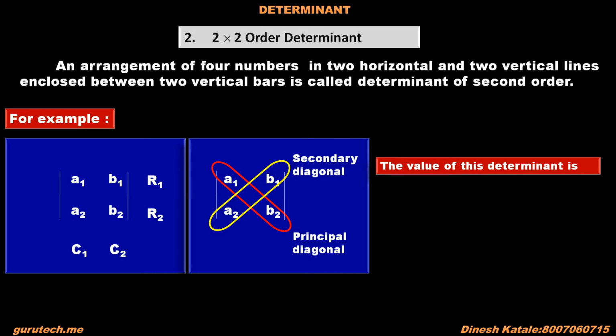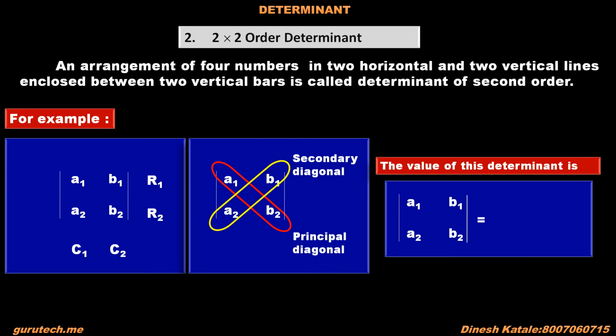Now we have to learn how to find the value of determinant. In the determinant of order 2, the value of determinant is the difference between the product of the numbers in principal diagonal and the product of the numbers in secondary diagonal.